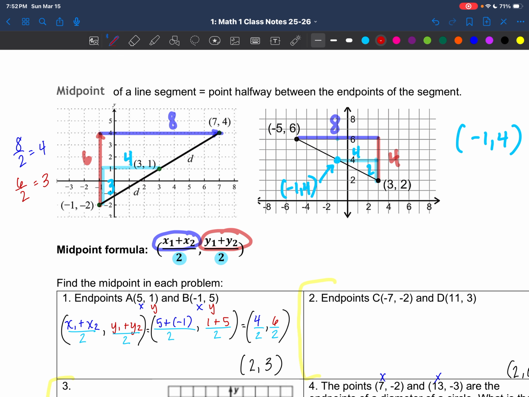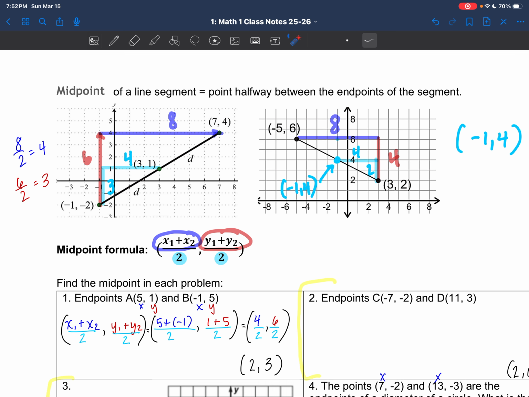So if you notice, I'm going to go in 4 units, which would be right here. That's the halfway point there. And then I'm going to go down 3 units here, and then go across, and they both meet up right here. So that's one way to do it.